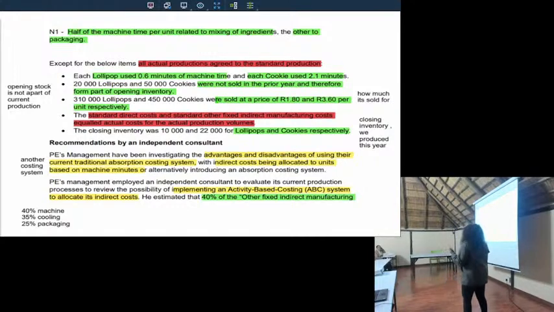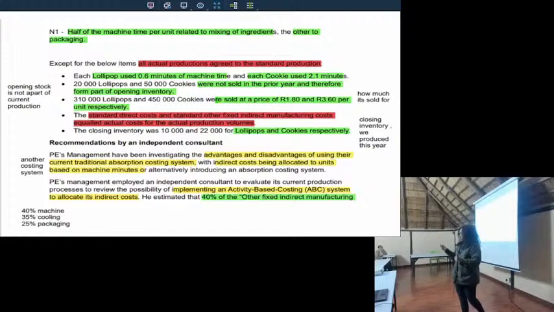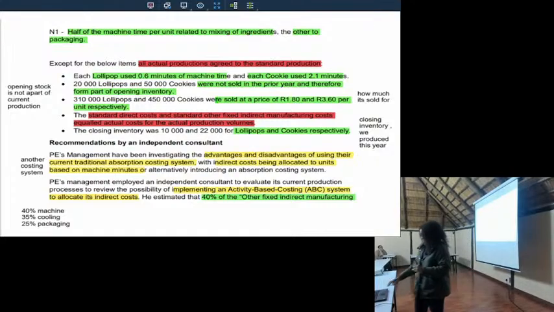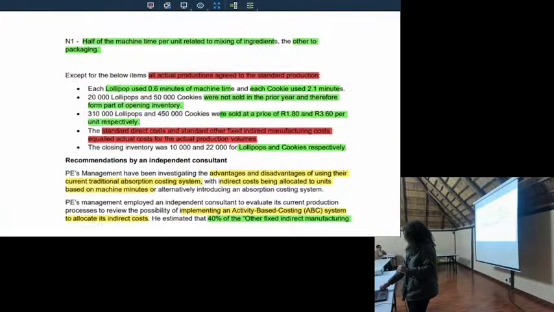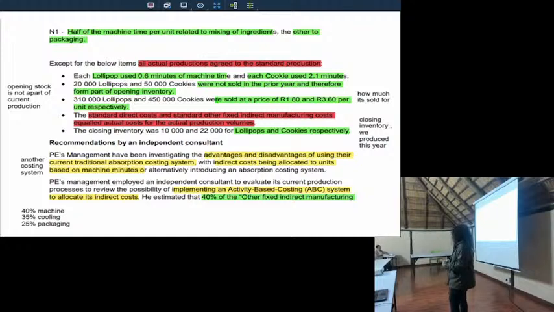Okay. They told you that your standard direct costs and your standard other fixed indirect manufacturing costs equaled actual costs and actual production volumes. So do you agree that it's equal to your budgeted? I agree, but your costs were equal to your standard, because I told you that there.